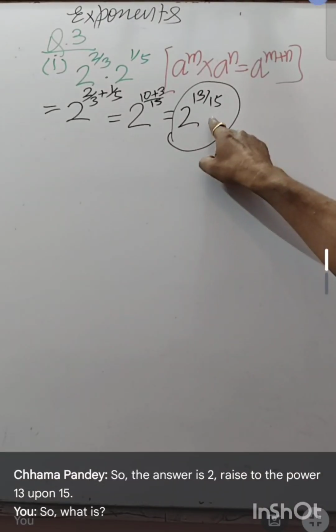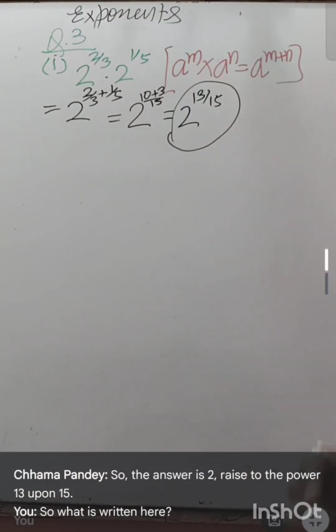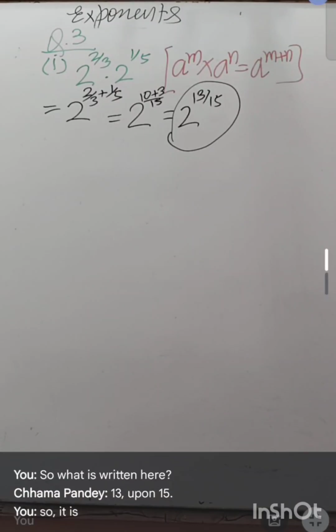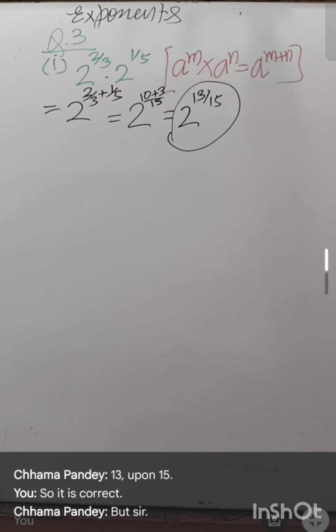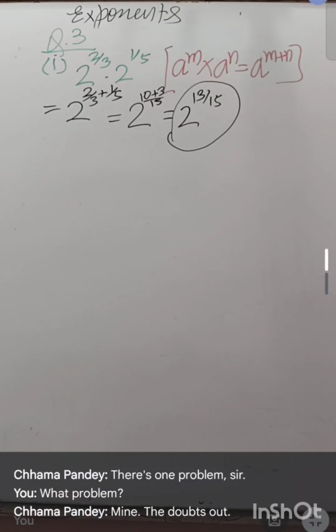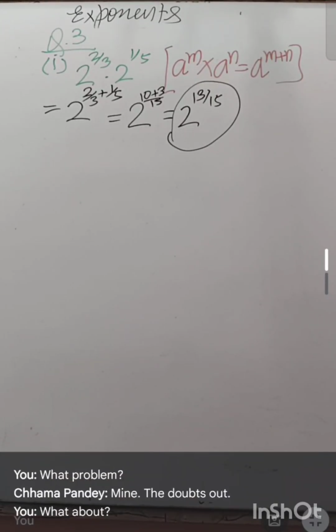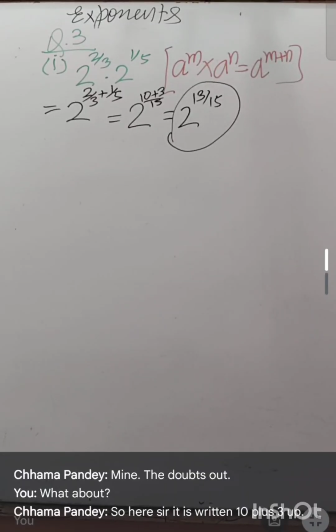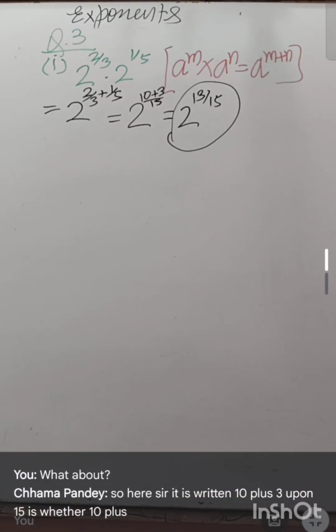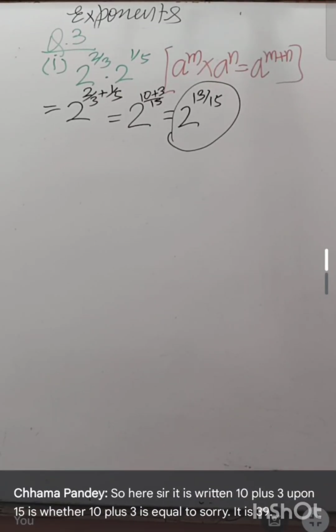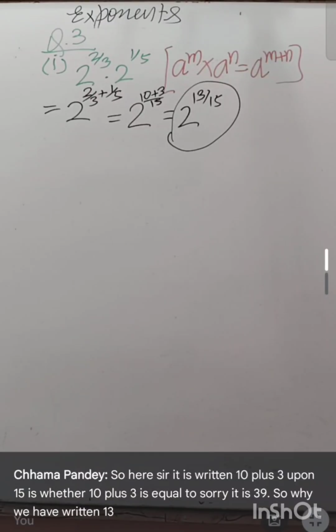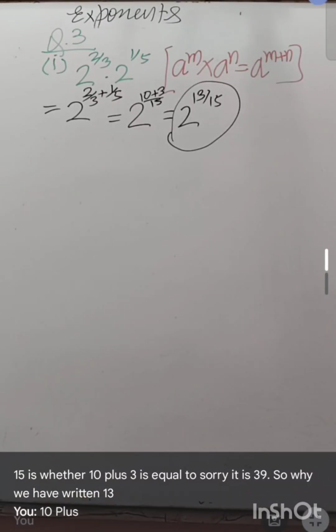So what is written here? 13 upon 15. So it is correct? But sir, there's one problem, sir. What problem? A doubt, sir. Sir, here it is written 10 plus 3 upon 15. So whether 10 plus 3 is equal to 30, no? So why you have written 13? 10 plus 3 means how much?